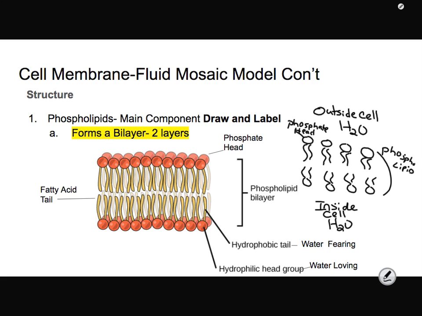People, I'm going to draw the proteins in right now. We're going to do that before I even talk about it. This is the phosphate head. This is our tail.